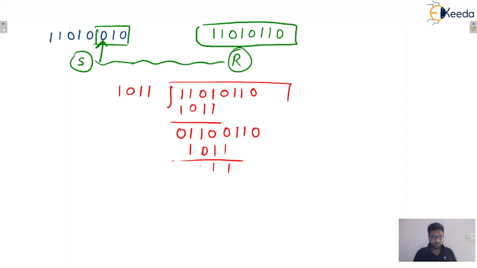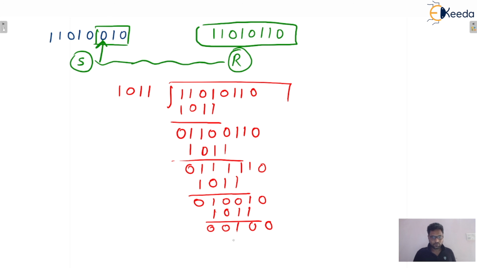So that is 1 1 1 0 1 1 0. And from the leading one, 1 0 1 1. That is 0 0 1 0. From the leading one, 1 0 1 1. That is 0 1 0 0. That is 0. So from the leading one, now you can see there are no 4 bits, so stop here. And the 3 least significant bits are the remainder.